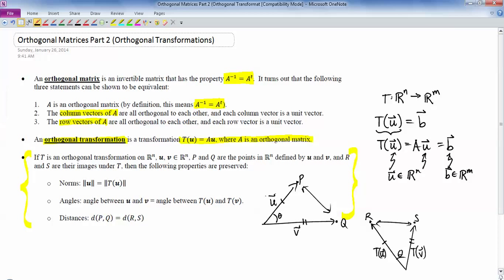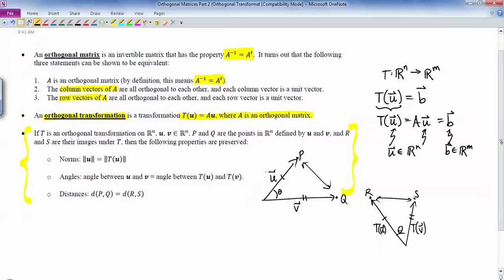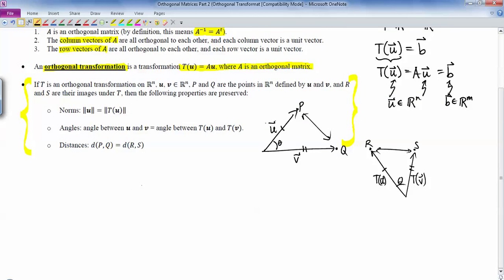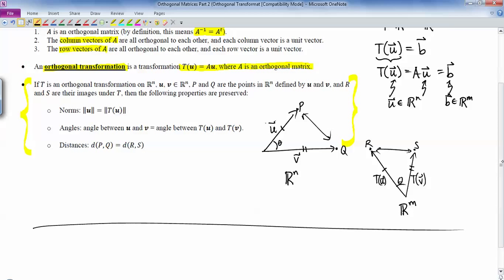So what I want to do here is actually prove some of this stuff. And before we prove it, this is also in Rn, and this is in Rm. So before we prove it, I want to review a homework problem from, I don't even know how long ago, since I don't know when you're going to watch this video.